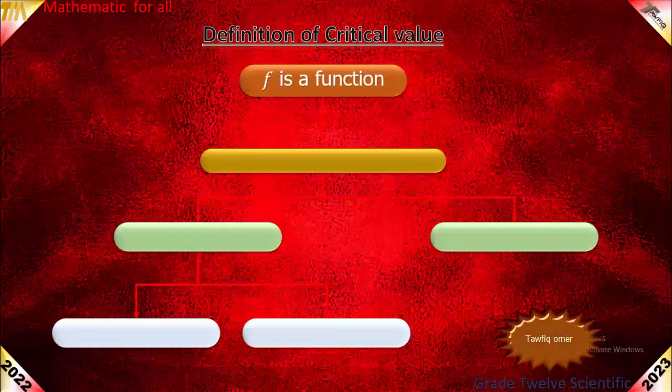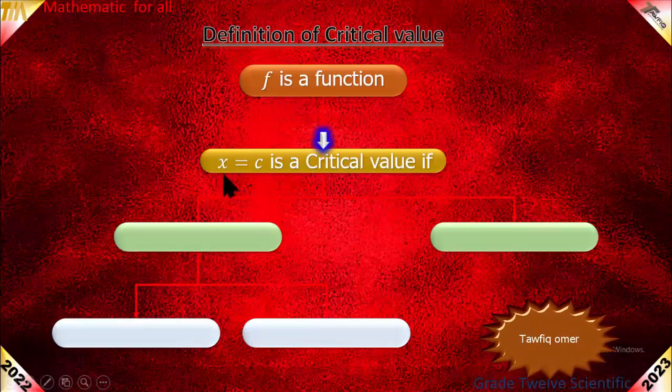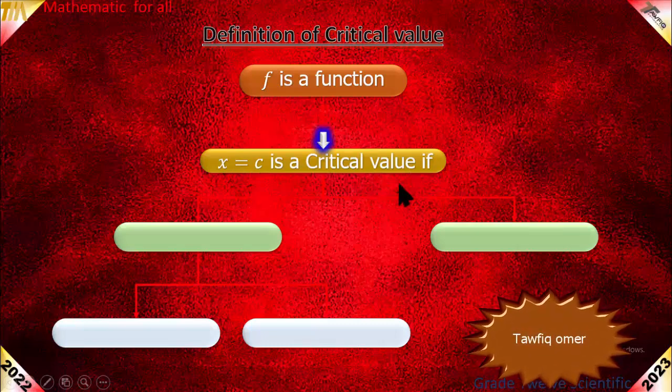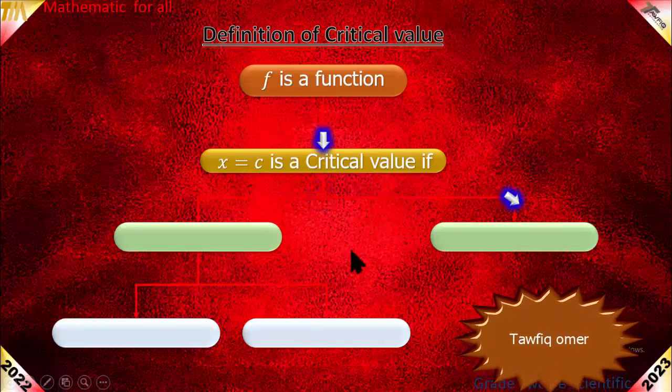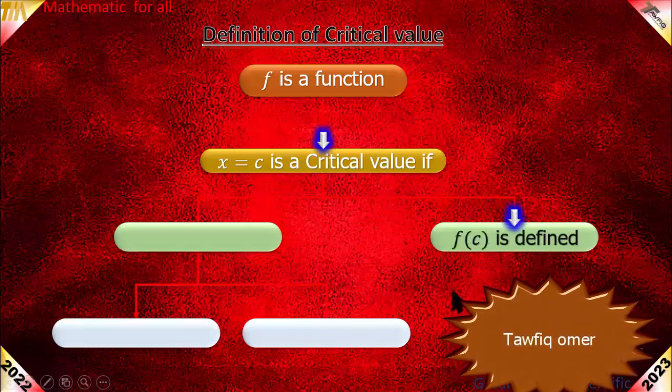Definition of critical value. F is a function, x equal to c is a critical value if f(c) is defined. The function at x equal to c must be defined.